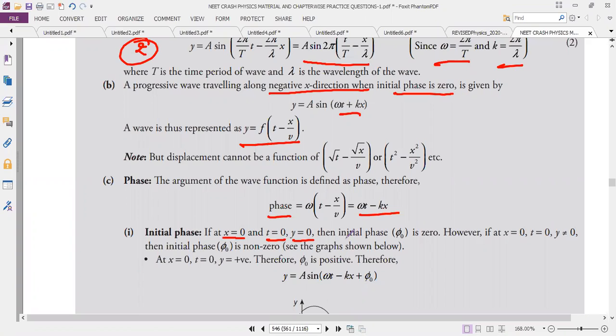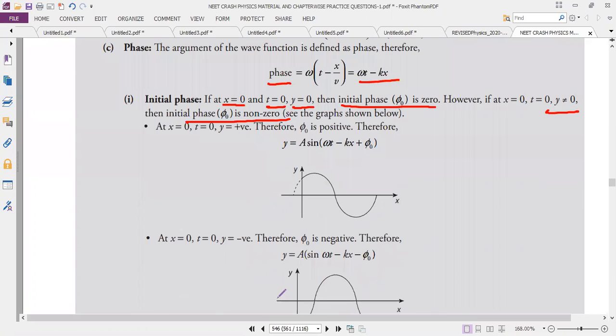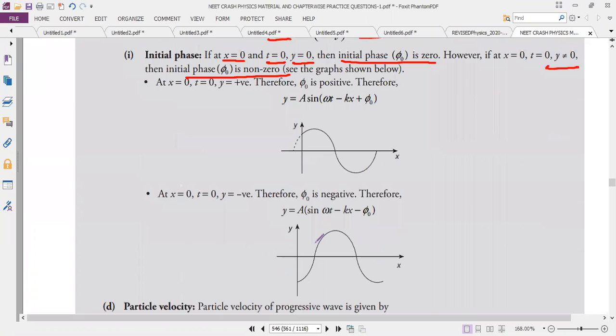That is the initial base. In case y is not equal to 0, it means the initial base is also non-zero. This is the related graph: a sin (omega t minus kx minus pi).